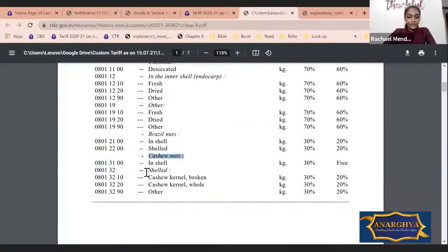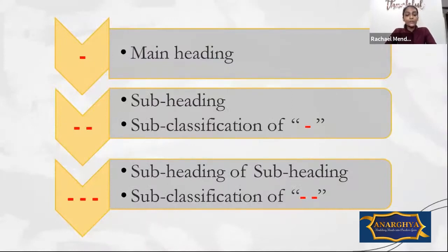So for example, you can see here we have 2 double dashes, that is in shell and shelled. These two become the subclassification of the immediately preceding single dash, that is cashew nuts. That is how I have written the description of this HSN as in shell cashew nuts, since it is a subclassification of cashew nuts. Lastly, a triple dash, which is a subheading of a subheading.